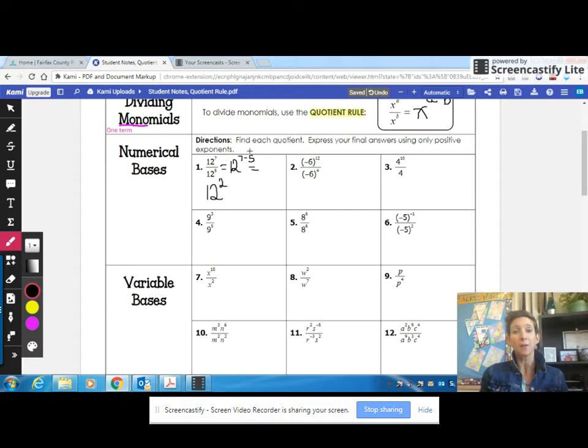Now, if the directions further say to simplify, you could go ahead and simplify that, and you should know that 12 squared is 144. Sorry that the parentheses is a little odd. Now let's look at problem 3. So again, same base. Now you'll notice here, you don't see that there is an exponent.